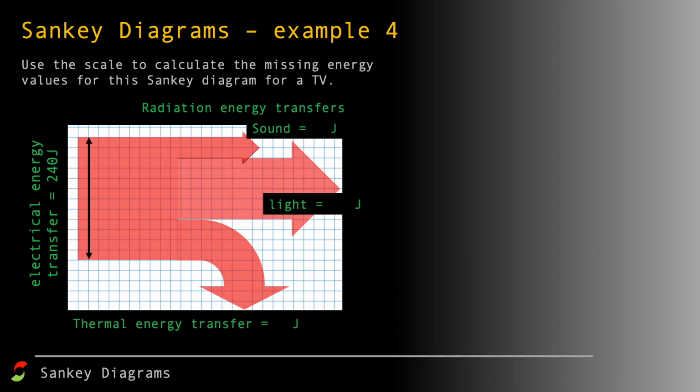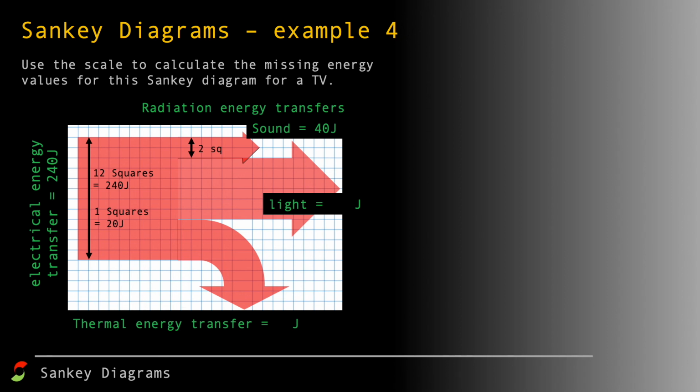So if we look here, we've got 12 squares, and those 12 squares represent 240 joules. And that means that one square is therefore equal to 20 joules. So we've got to apply that scale to everything else. So let's have a look at the radiation energy transfer in the form of sound. So it's got two squares. So two squares, if one square is 20 joules, then two squares is going to be 40 joules.